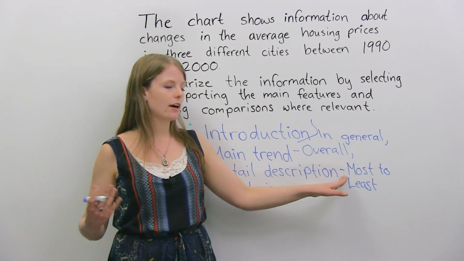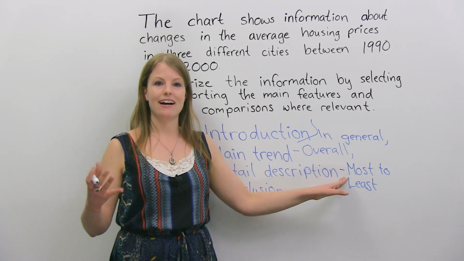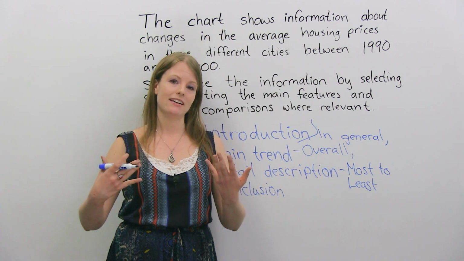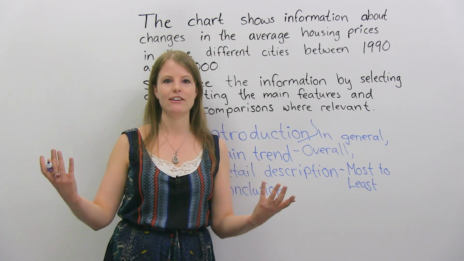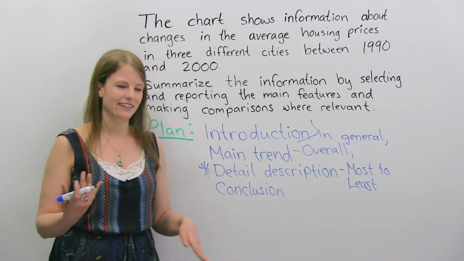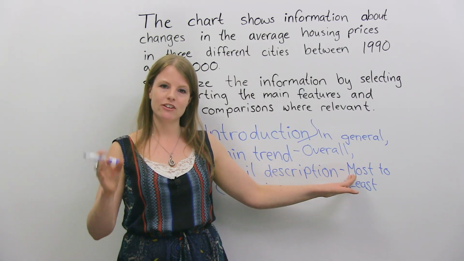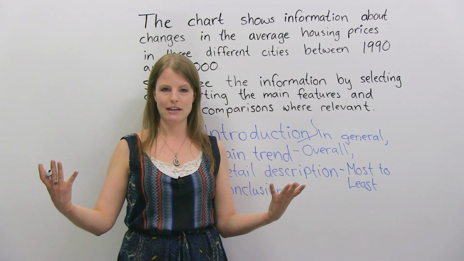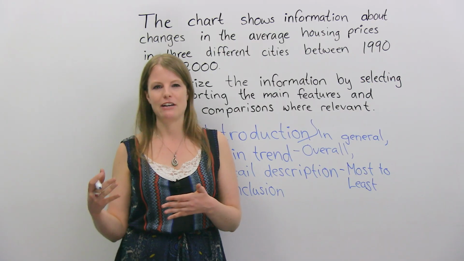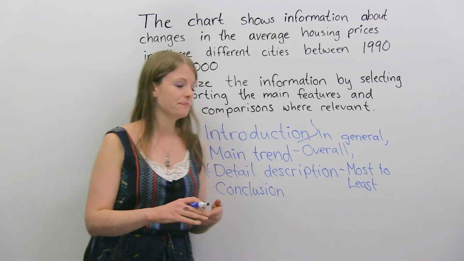You want to write the most important thing first, the biggest trend you see, and then go smaller to something that maybe isn't so important. So you're going from the most important information to the least important information, but you're including it all.